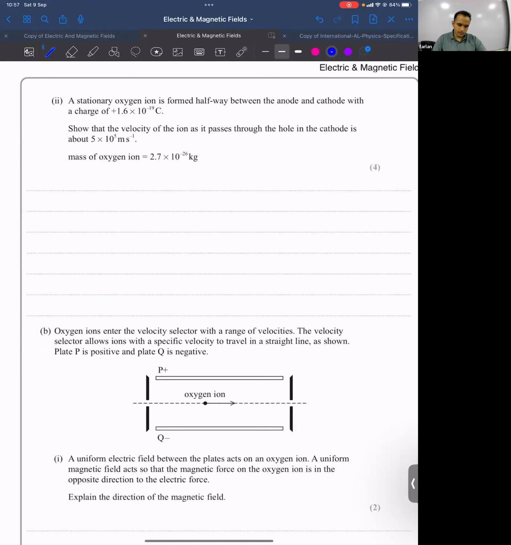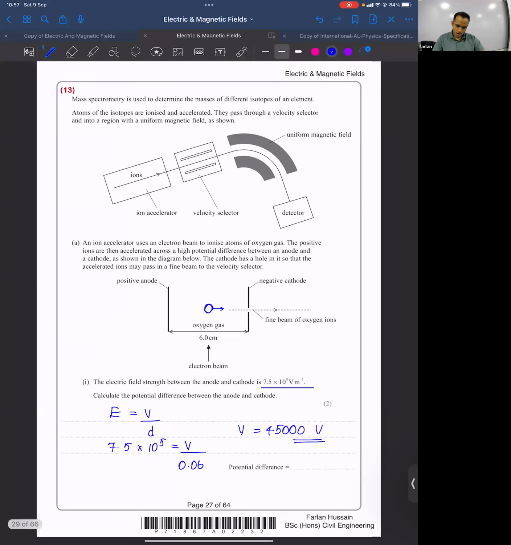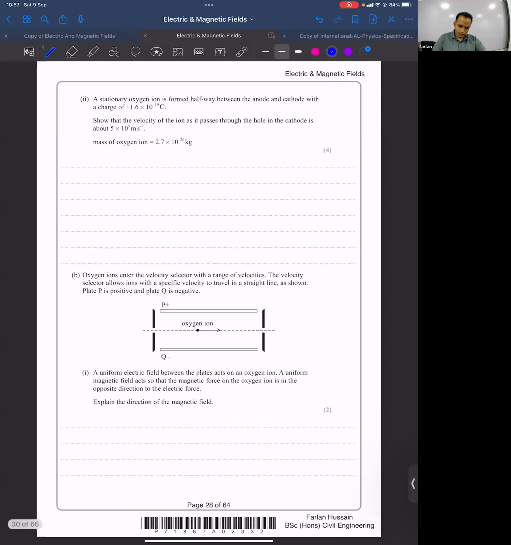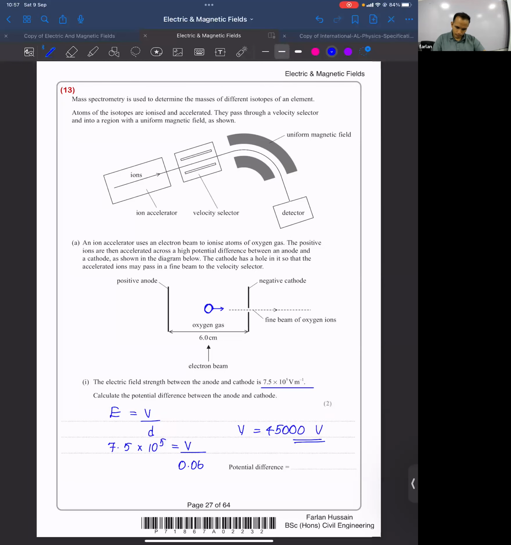A stationary oxygen is formed. Now, one way that I can do this is I will use F equals ma. Now we know the electric field strength.